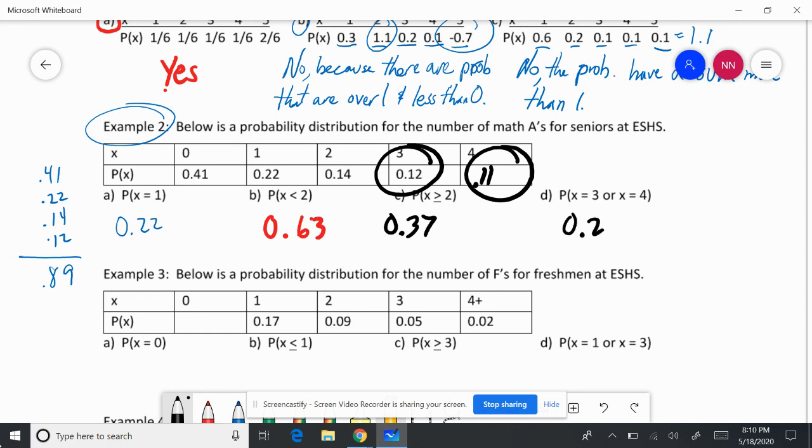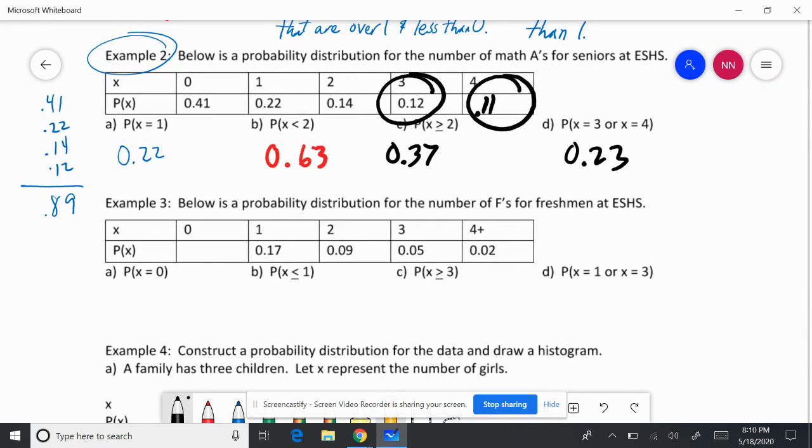And that right there would be 0.23. Now, looking at example 3, we're going to do the same thing. First thing that we're going to do is add up our probabilities. So we have the 0.17, we have the 0.09, we have the 0.05, and we have the 0.02.